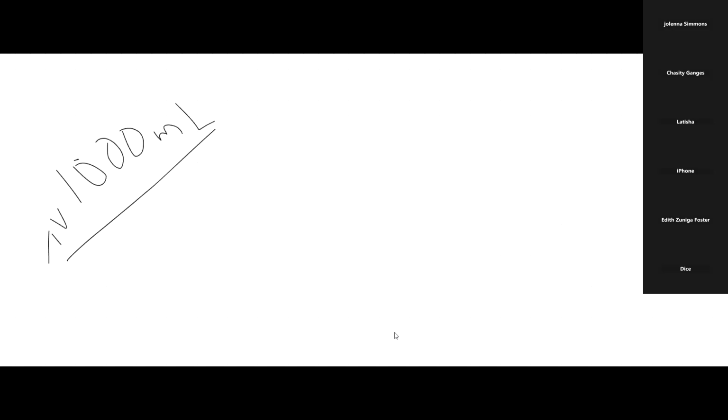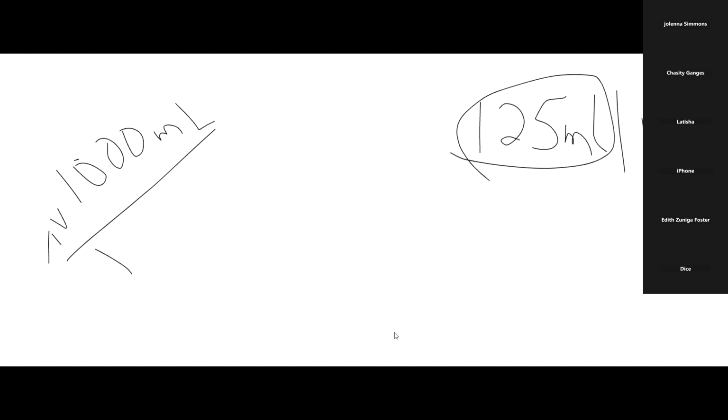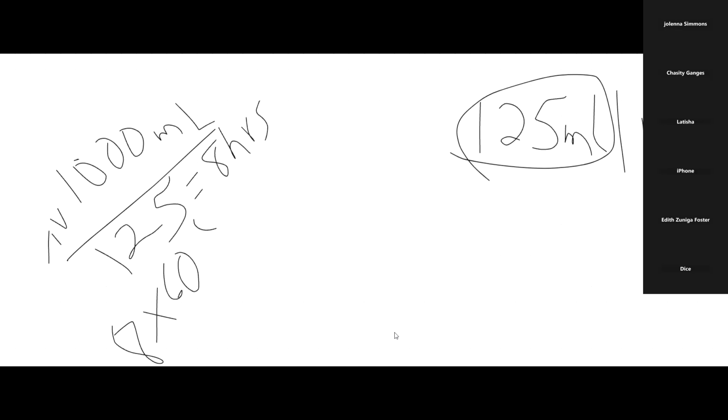Now if it's running at 125 and you took 1,000, divided by the 125, that equals 8 hours, which is equivalent to 8 times 60, which is 480. That's minutes, because that's what you're supposed to do for this problem, right? Okay. But here you know that you have something running at 125 over 60 minutes. So technically you can eliminate this step if you're able to see that in the question.